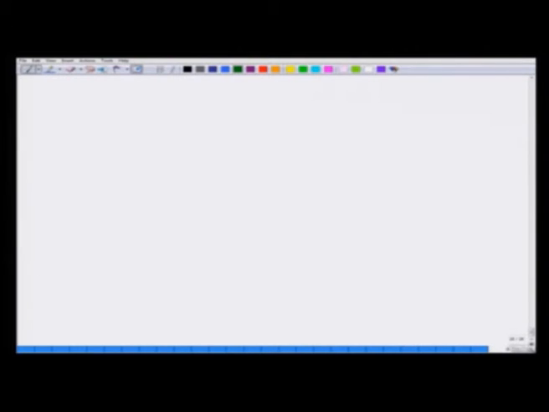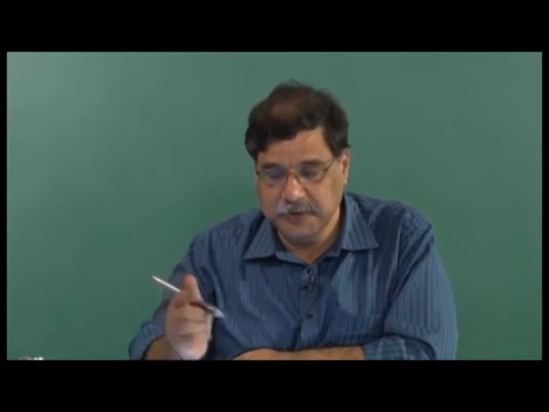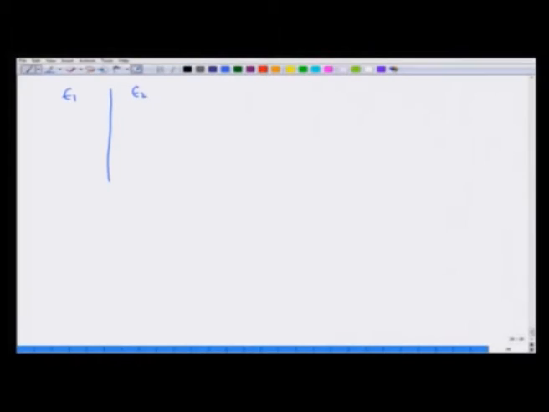So, we have got in this medium, which is epsilon 1 on one side, epsilon 2 on the other side, and therefore, there is some reflection and transmission, where the incident wave does not get transmitted completely, and we have got E reflected equals (V 2 minus V 1) over (V 2 plus V 1) E incident, and E transmitted is equal to 2 V 2 over (V 2 plus V 1) E incident.